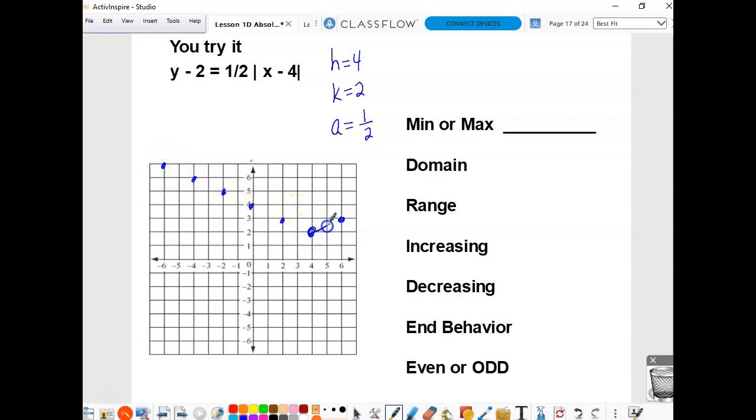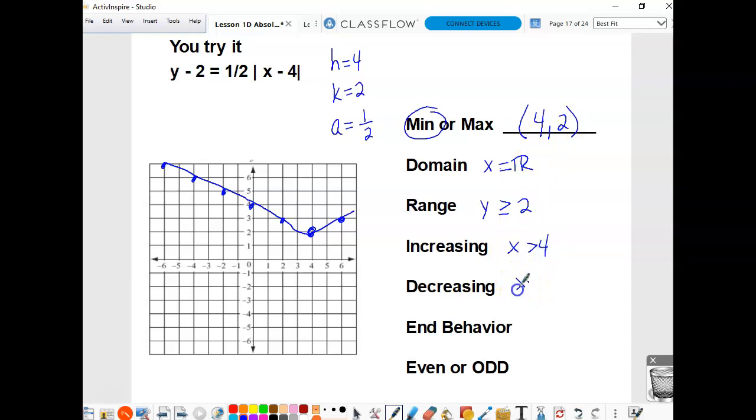All right, so there is my graph of my absolute value. Okay, and I do have a minimum this time, which is 4, 2. The domain is x equals all real numbers. The range is y is greater than or equal to 2. It's increasing where x is greater than 4.